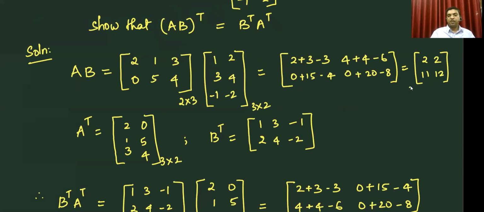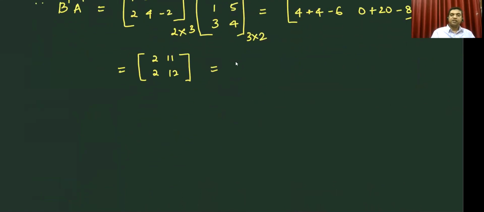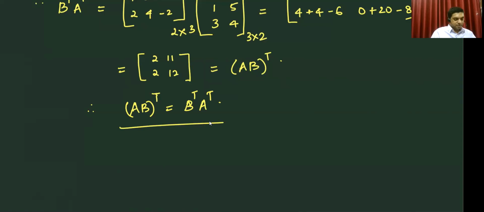So here I can write AB whole transpose will be 2, 11, 2, 12. So this is the same as B transpose A transpose. Therefore, AB whole transpose is equal to B transpose A transpose.